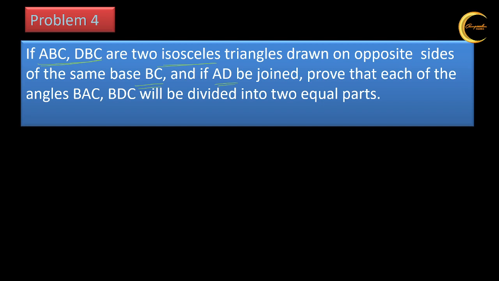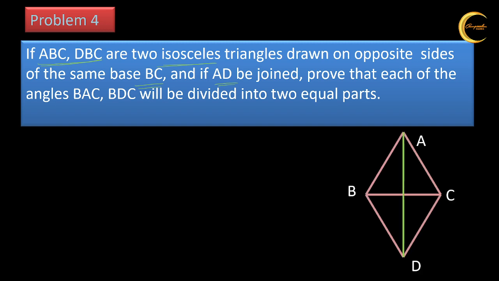So first you draw the diagram. This is the diagram: this is triangle ABC and another is triangle BDC. These two points A and D are on opposite sides. We join A and D by this line, the AD line.